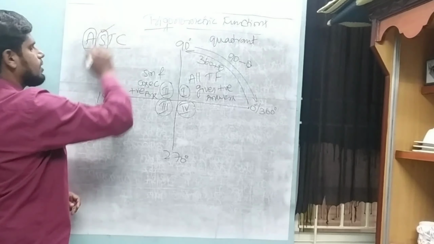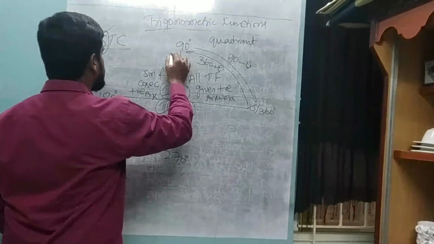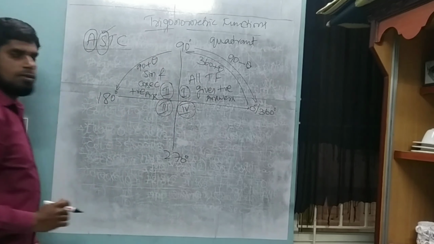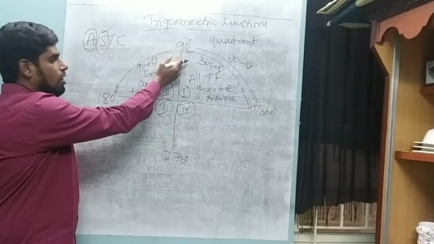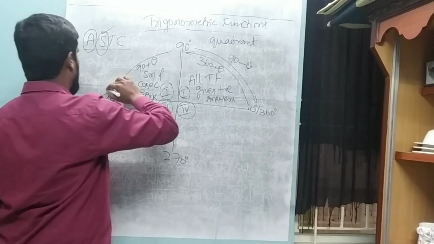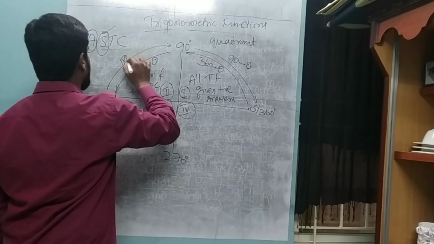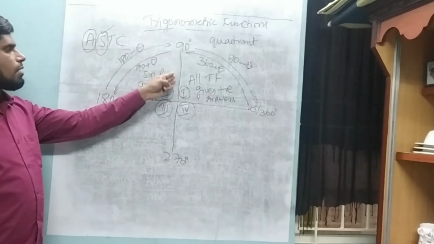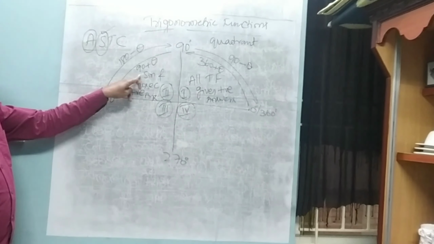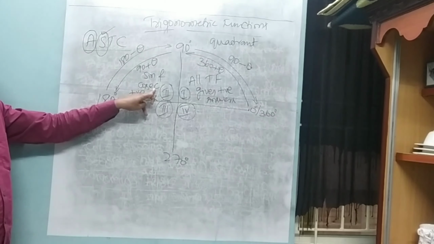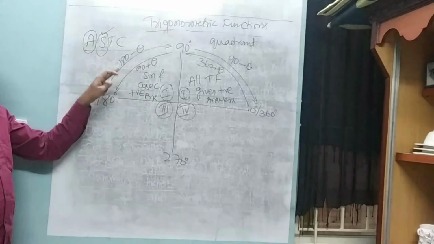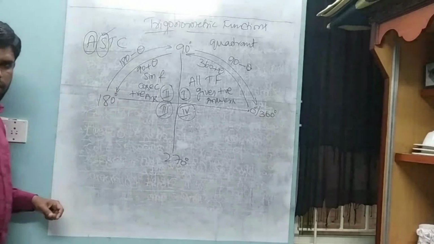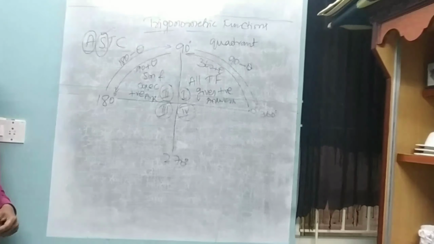That's why the second alphabet is S. This quadrant is denoted by 90 plus theta. If something is added to 90, it will fall in the second quadrant. Or the other way is 180 minus theta. If I remove something from 180, that also automatically comes in the second quadrant. In the second quadrant, the sine function and its reciprocal cosecant function give positive answers. Then how about the other 4 functions? Automatically the other 4 functions give negative answers here.